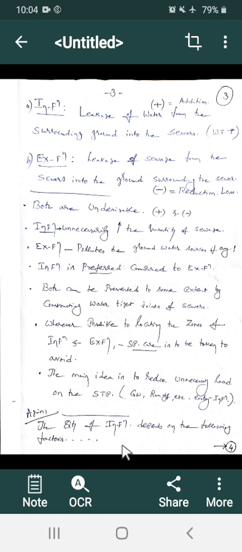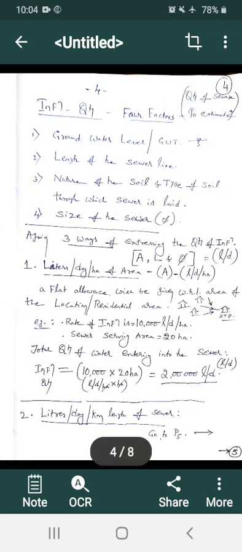Now we are talking about infiltration. This infiltration is having again four factors. What are those? To estimate the quantity of sewage, these four factors are very, very important.